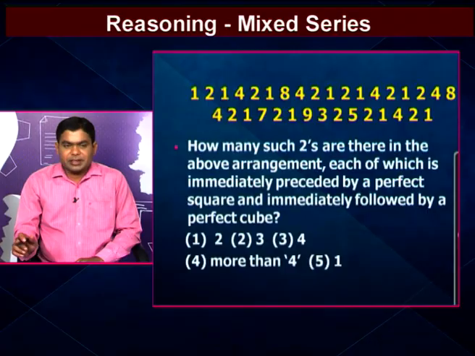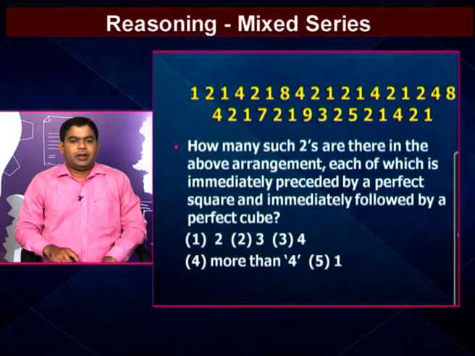So here in the given series we go to the next one. That one is a repeated series. In the given series, a number repeated series is given: 1 2 1 4 2 1 8 4 2 1 2 1 4 2 1 2 4 8 4 2 1 7 2 1 9 3 2 5 2 1 4 2 1.